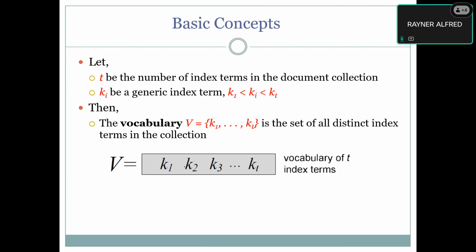Okay. For example, let's suppose we have T to be the number of index terms in the document collection. So that means we have T number of keywords.